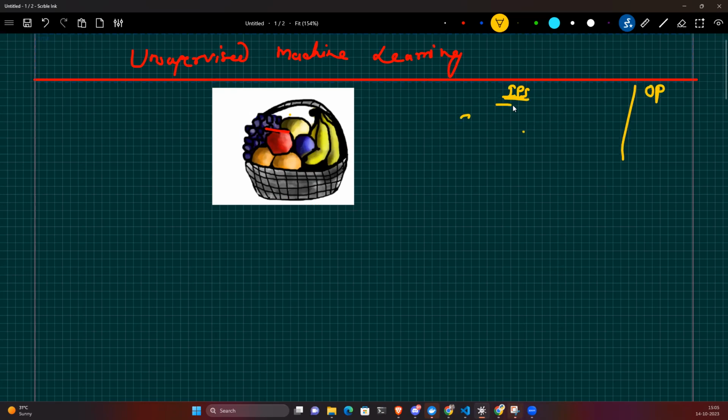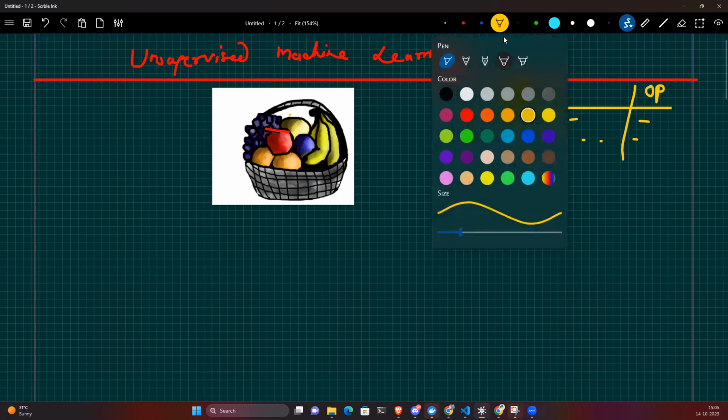So that we were able to train our machine to understand that if this input is there, then what output we can predict. Likewise, the machine can easily understand these things.